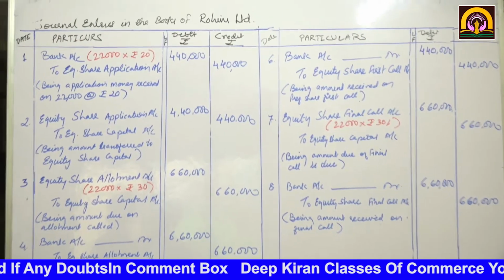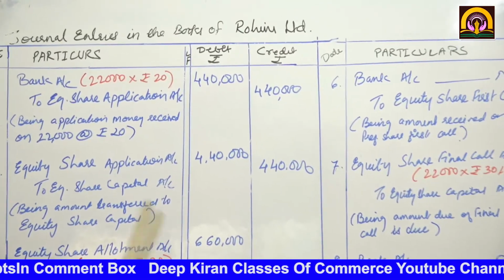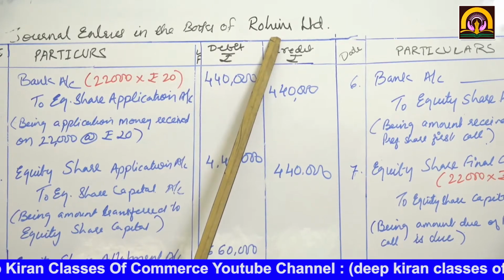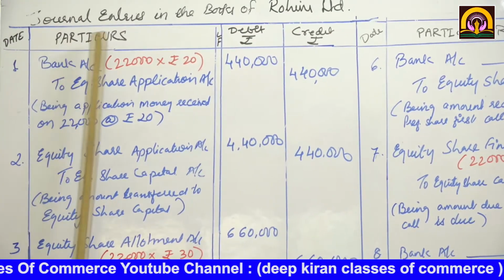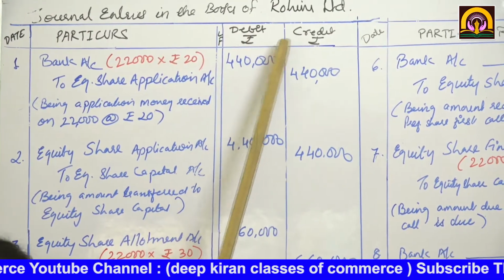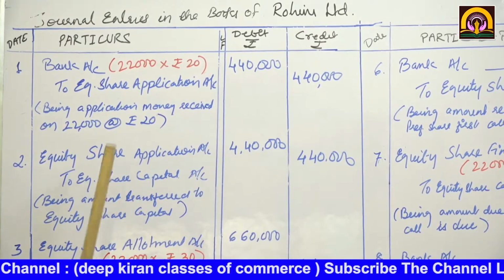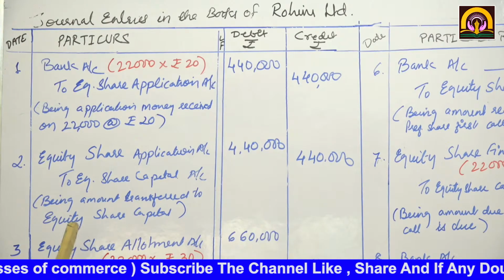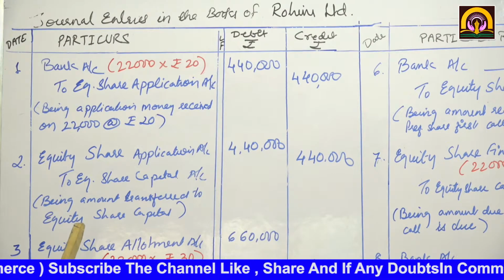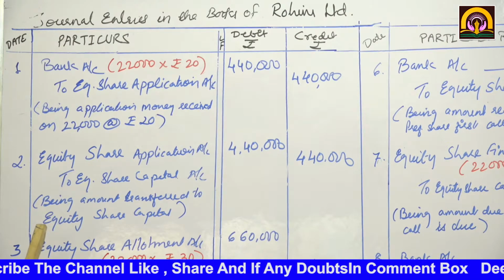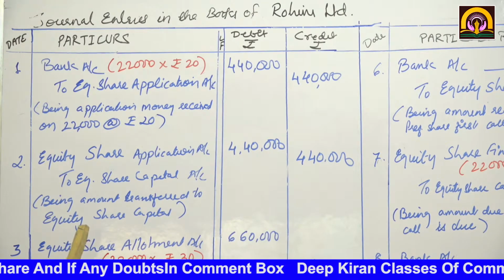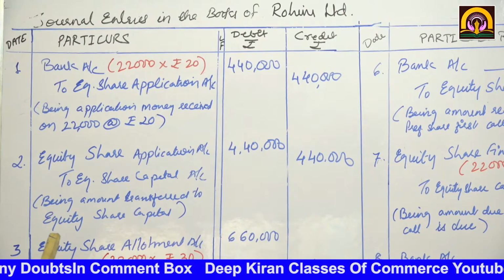Now we are going to start with the journal entries in the books of Rohini Limited. Date, particulars, LF, debit rupees, credit rupees. We have seen in the working note that 25,000 shares were issued of rupees 100 each, payable in different slots, but only 22,000 shares have been subscribed.